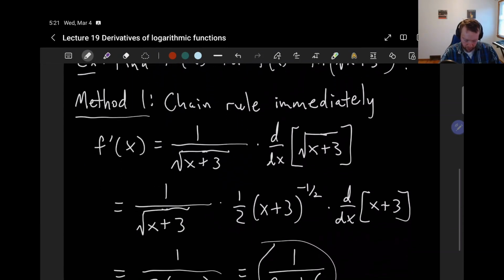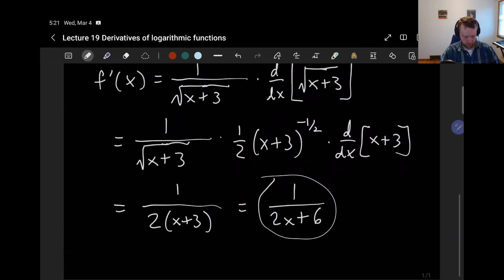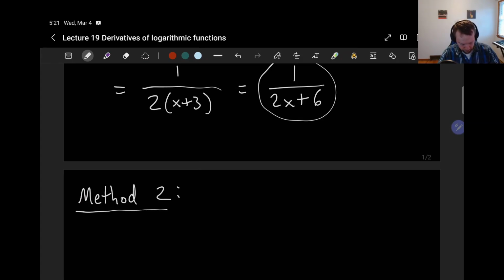So that was one method where we did chain rule right away. We actually did chain rule twice because this little derivative was also a chain rule problem. I want to show us another method just to show that there's more than one way, and it's also a good way.